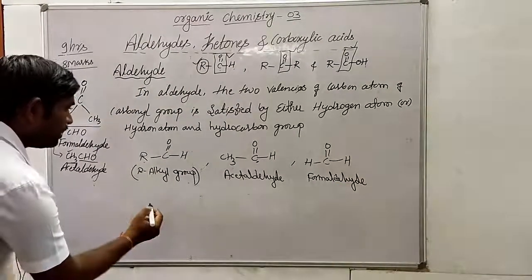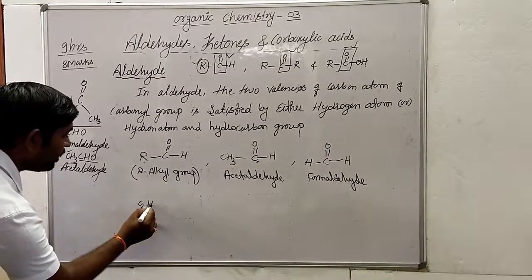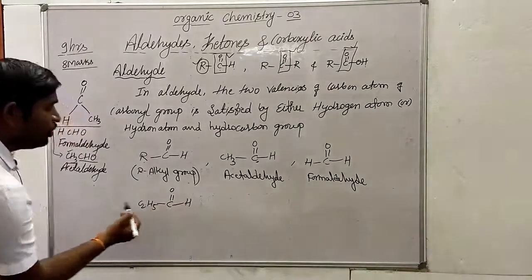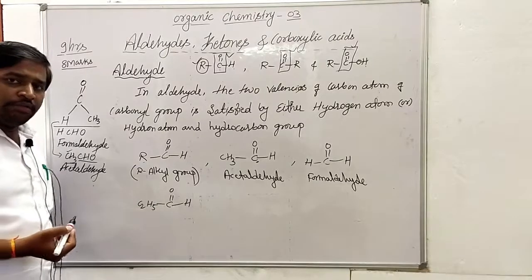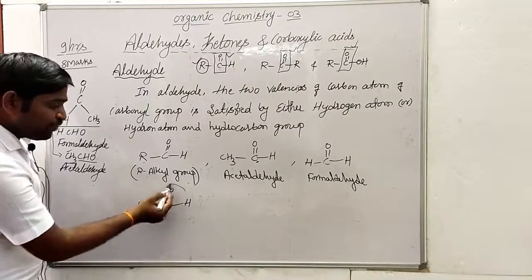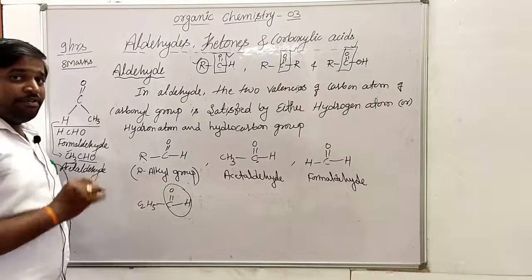For example, if R is replaced by C2H5, C double bond O, here H. What is the name of this molecule? Whether this belongs to aldehyde or ketone or carboxylic acid. The aldehyde functional group should be CHO. If CHO is there in the organic molecule, then it is called an aldehyde. What type of aldehyde is it?